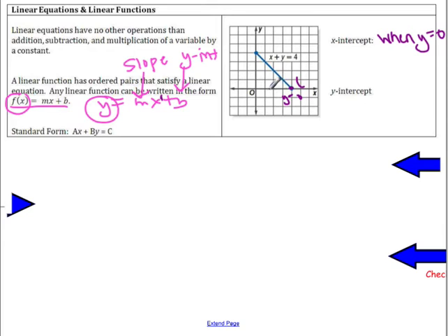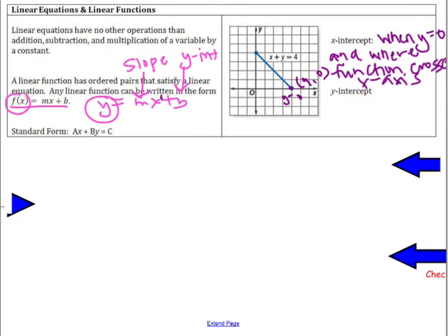This is the ordered pair here for 0. So it's when y equals 0 and it's when it crosses the x-axis.